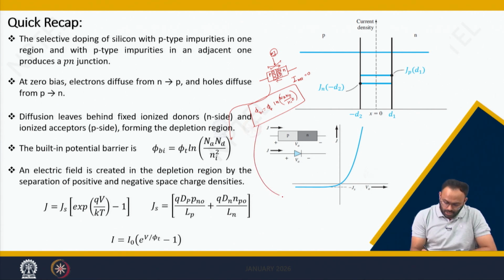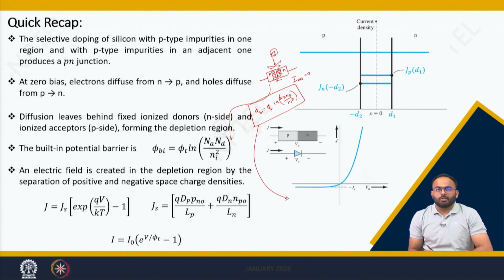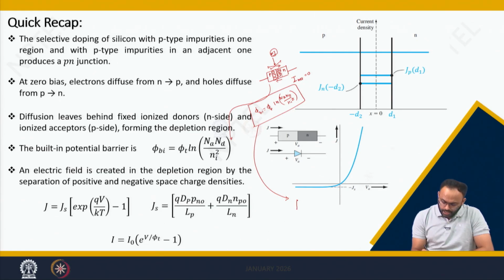By using this formula, we have also derived the junction law, stating that if I know the doping concentration of one side and I want to know the doping concentration of the other side, if the potential in between is given, then I can simply write the equation as Pp, which is the hole concentration at the P side, equals the hole concentration of the N side times exponent of phi bi by phi t.